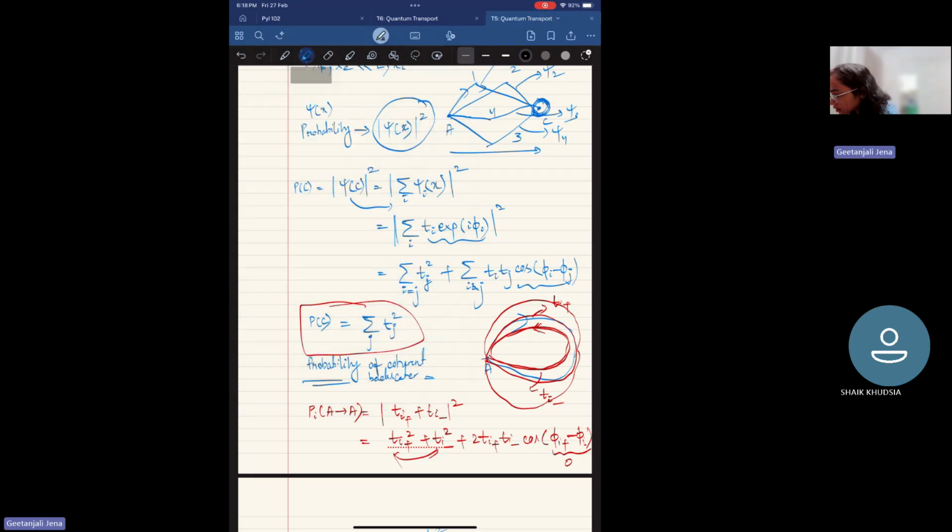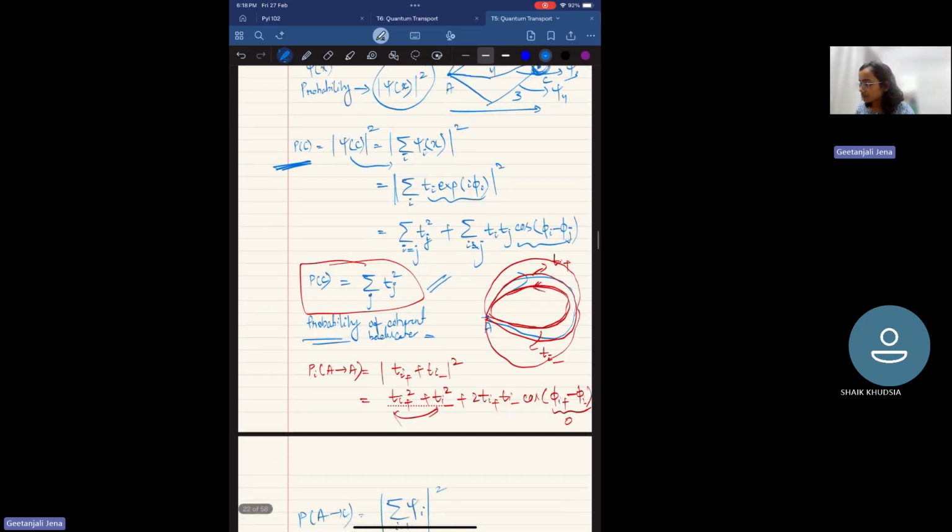If you see here, this is the probability of the forward propagating wave. So PC we have calculated is the summation of Tj square, right? If you look at this equation, it is the summation of Tj square.